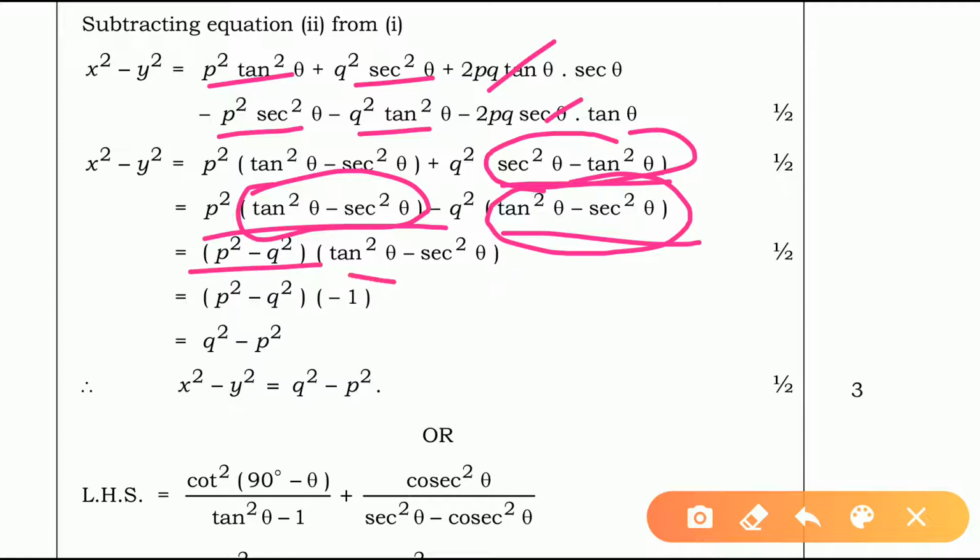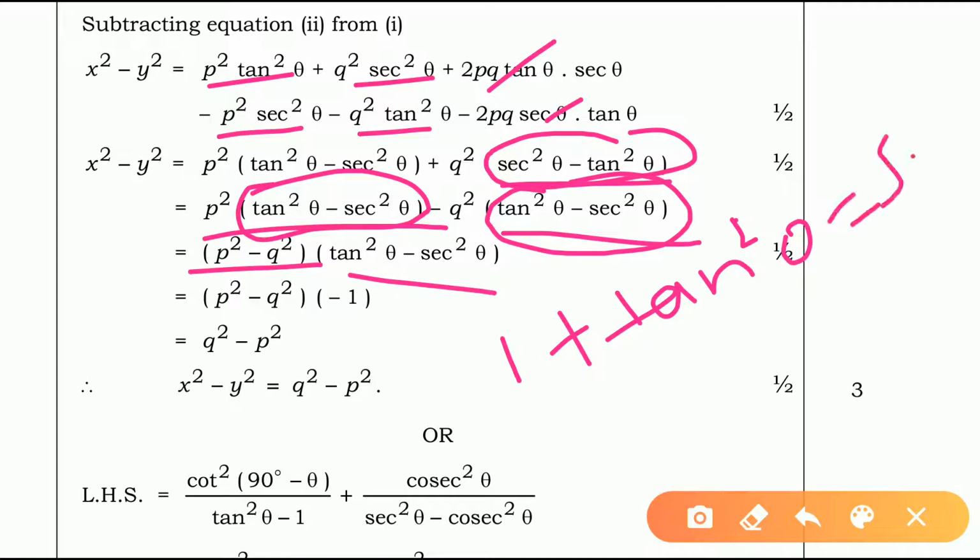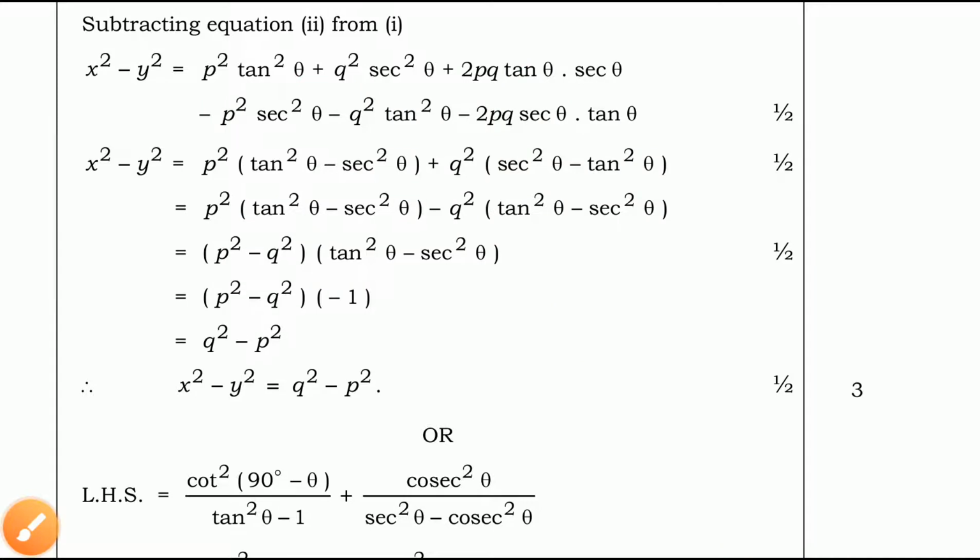Here we know that tan square theta minus sec square theta is equal to minus 1, because by using the trigonometric third identity, that is 1 plus tan square theta is equal to sec square theta.